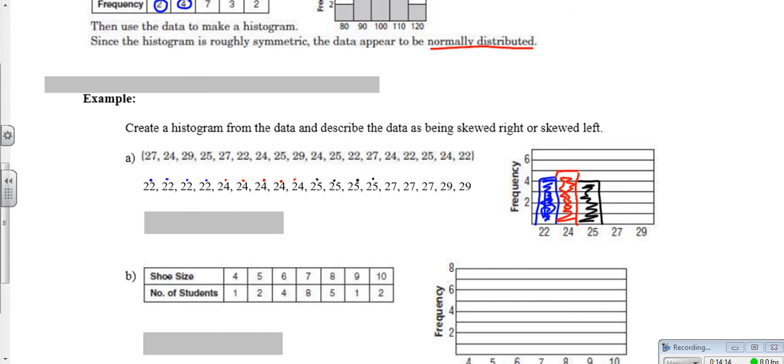I'll go blue again here. 27 shows up 3 times. And I'll go red. And 29 shows up twice.